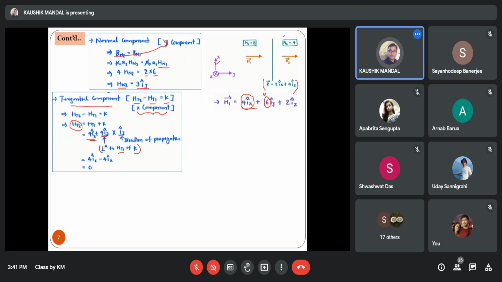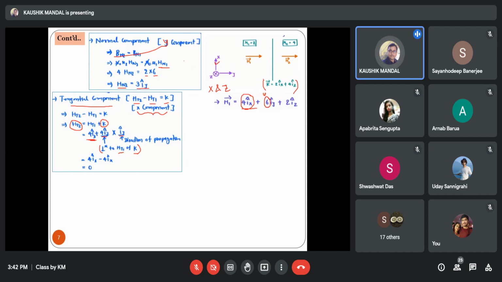Which tangential component is perpendicular to x? There are two tangential components, x and z. First, you are going to find the tangential component for x. Clear?